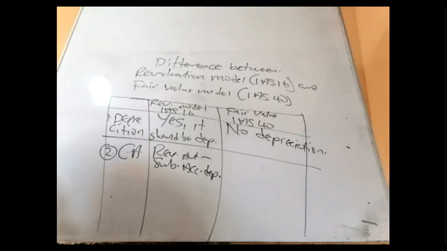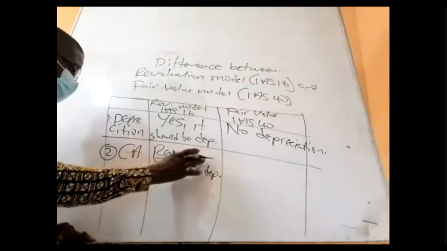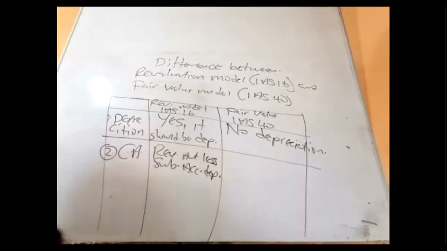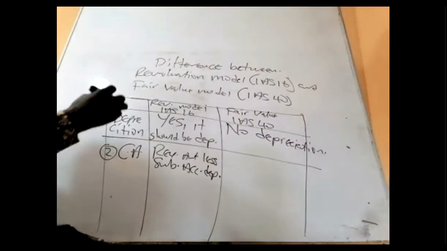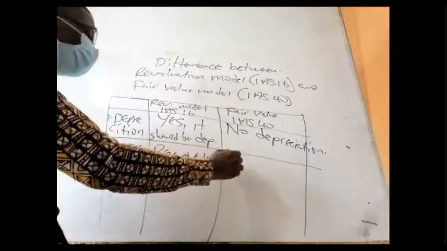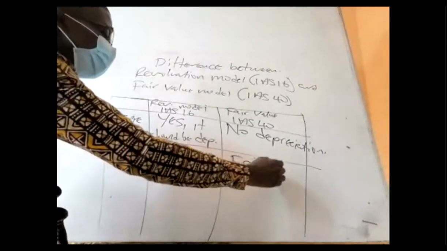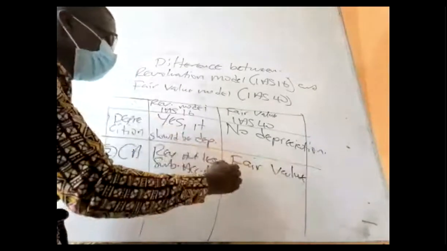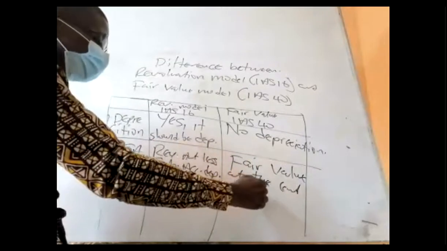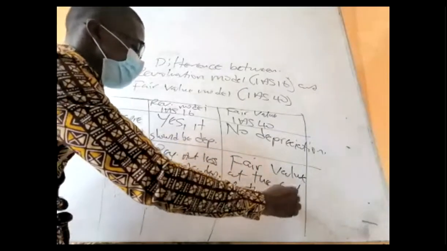Now, under the fair value model, the carrying amount is always equal to the fair value at the end of the reporting period.